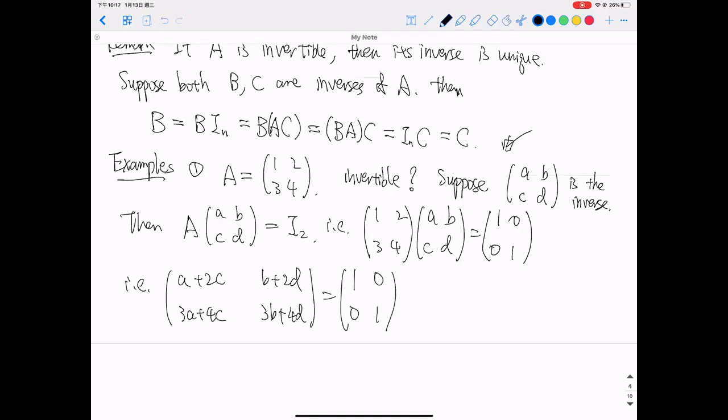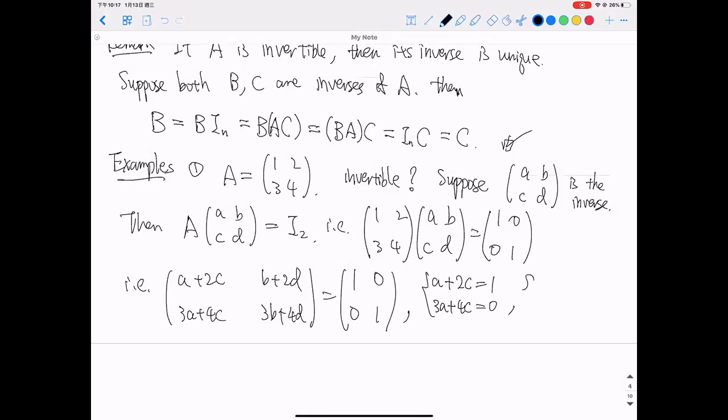So you now have four unknowns, a, b, c, and d, and they are given by two systems. One is this, which gives you a and c.